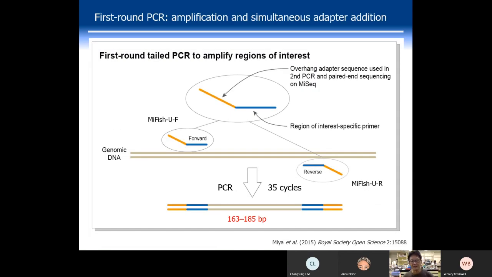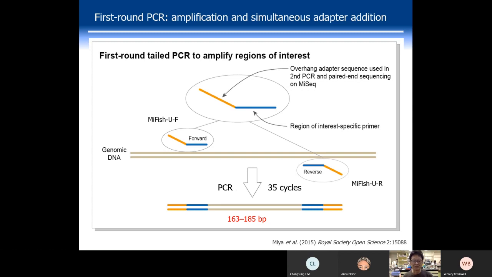And this is a schematic representation of the library preparation. We employed a two-step PCR to amplify and append various adapters. In the first round tailed PCR, which amplifies the region of interest, the primer consists of the primer region and the overhang adapter sequence used in the second PCR and paired-end sequencing on MiSeq.